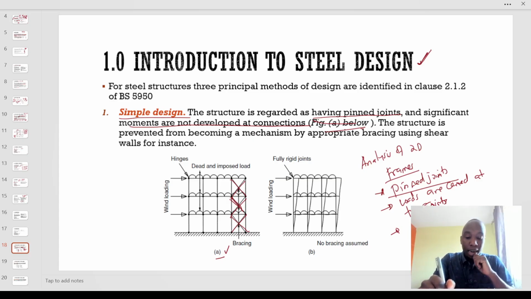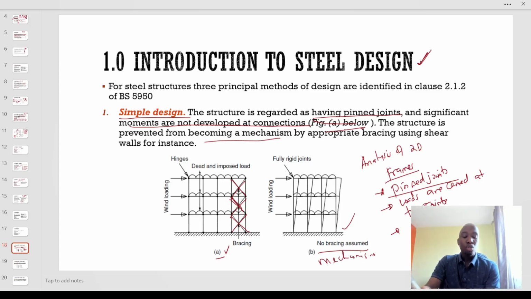Unlike this one, where no bracing is provided, when there is wind load or a horizontal force, it will act as one system. So it is a mechanism. That's why you call this one a mechanism now.